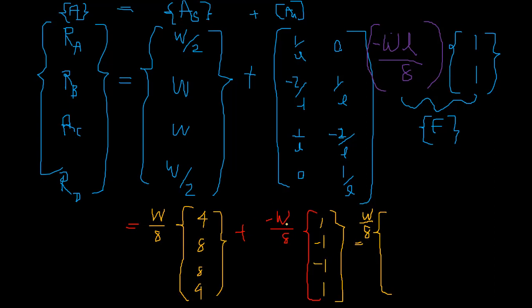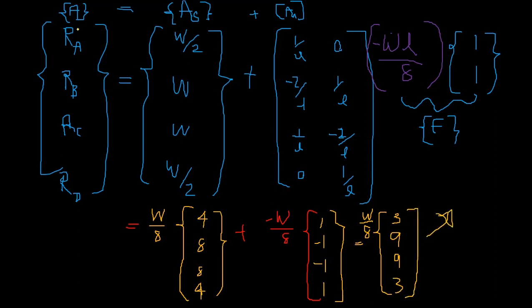I'm taking W over 8 out, so there will be minus 1 remaining here. 4 minus 1, so that is 3. 8 plus 1, so that is 9. 8 plus 1, so that is 9. 4 minus 1, so that is going to be 3.